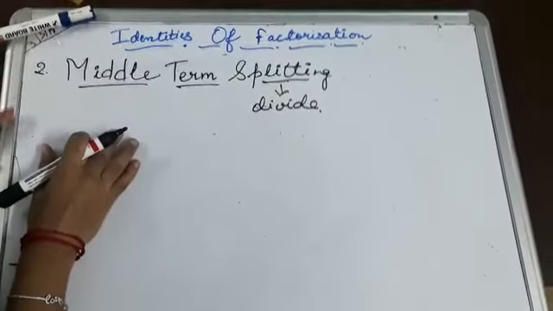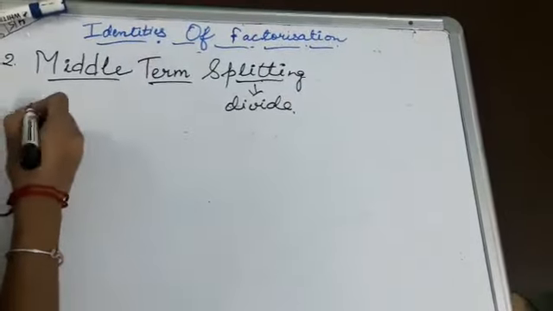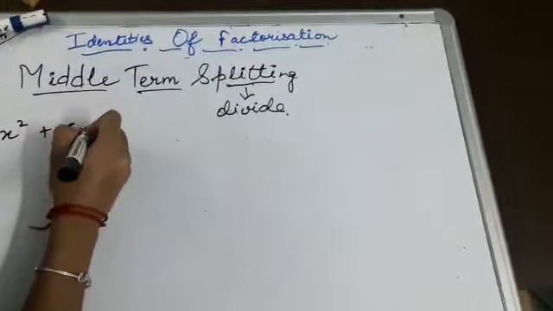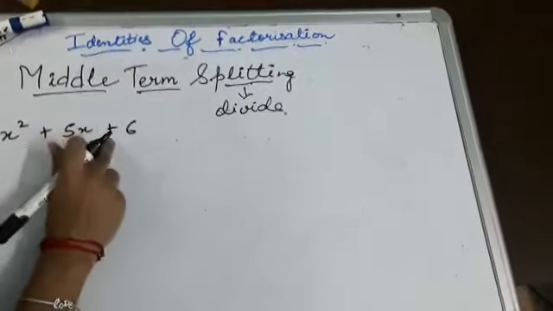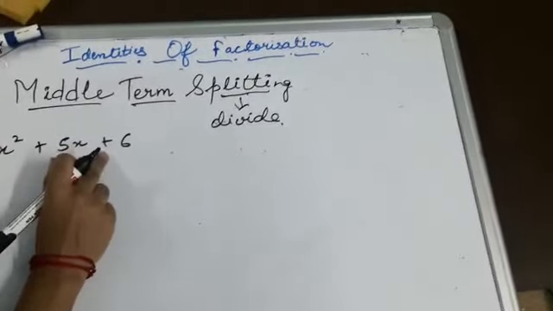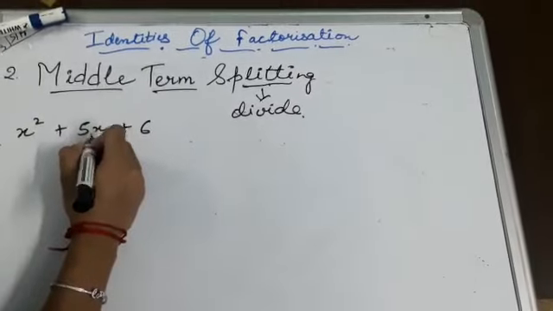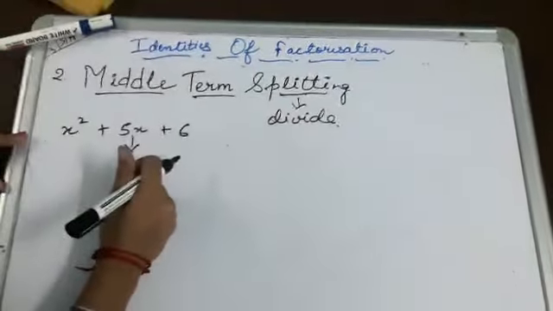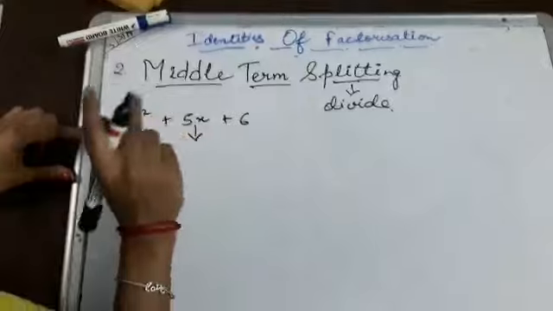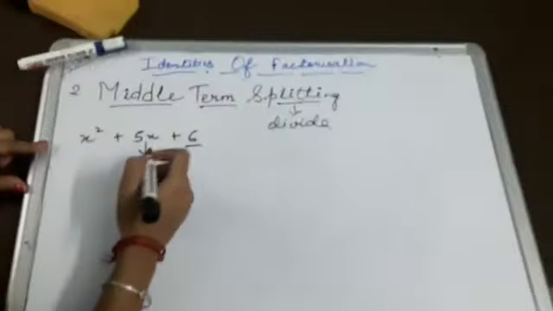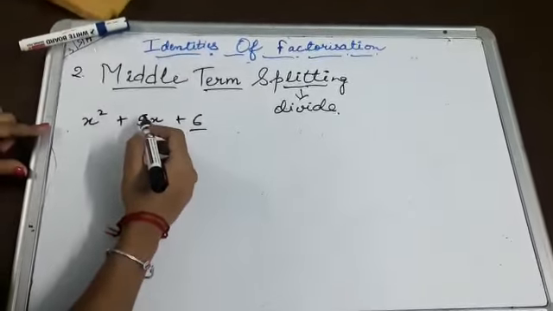So let's take an example: x square plus 5x plus 6. This is the expression. We have to split this middle term in such a way that by multiplying we get 6 and by adding we get 5x.